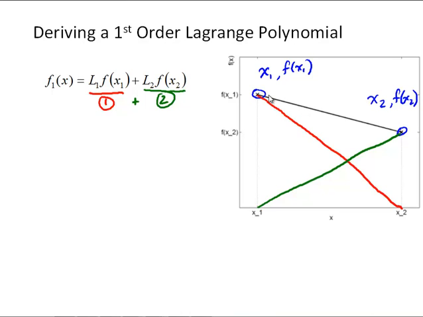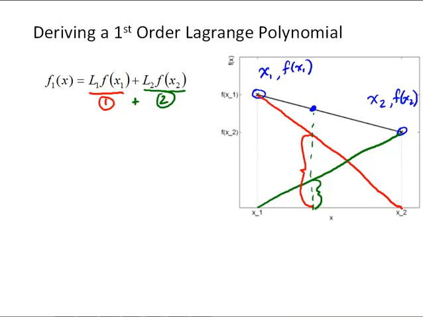So this value, for example, right here, would be equal to our value from line 1 plus, at that same x location, our value from line 2. So let's look at how we can define that.